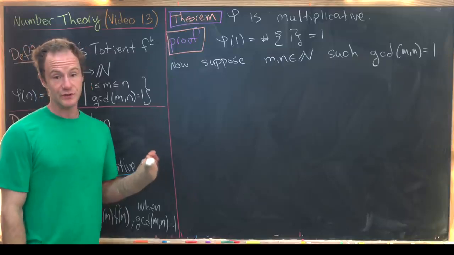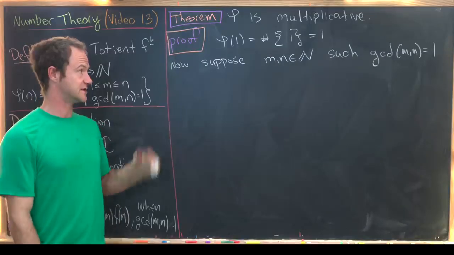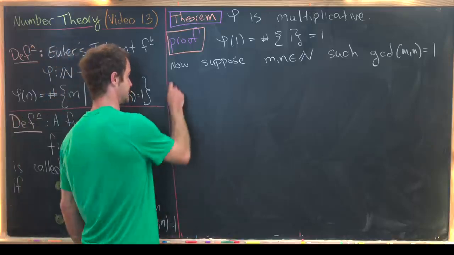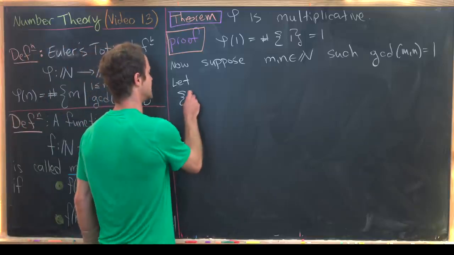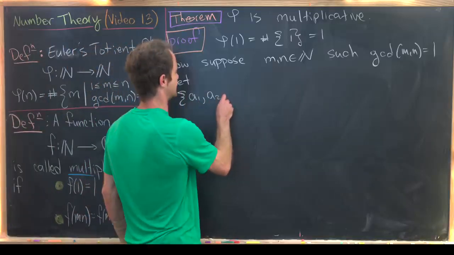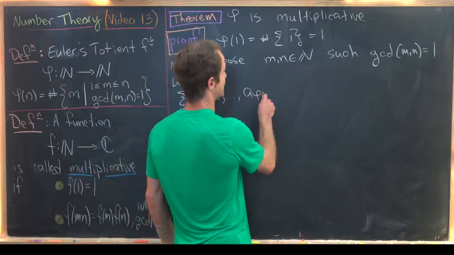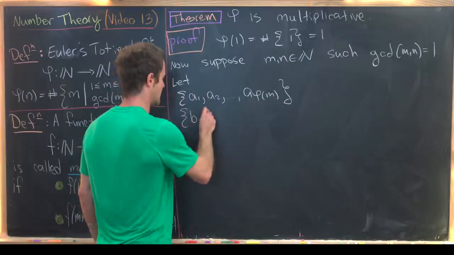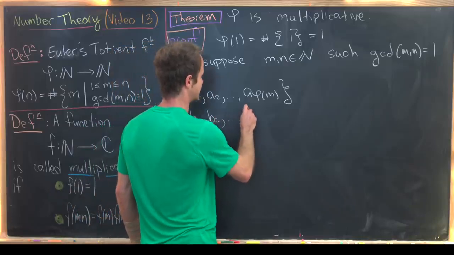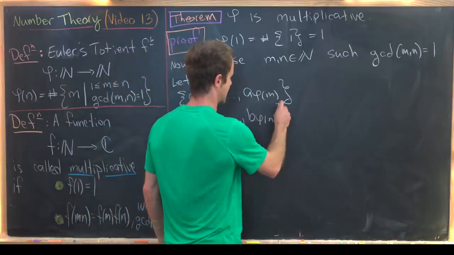And we're going to want to use that notion for these two numbers m and n. So let's bring two reduced residue systems into existence. So A1, A2, all the way up to A phi of m, and then B1, B2, all the way up to B phi of n.